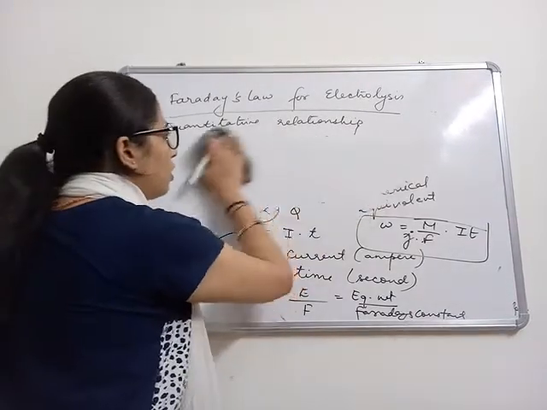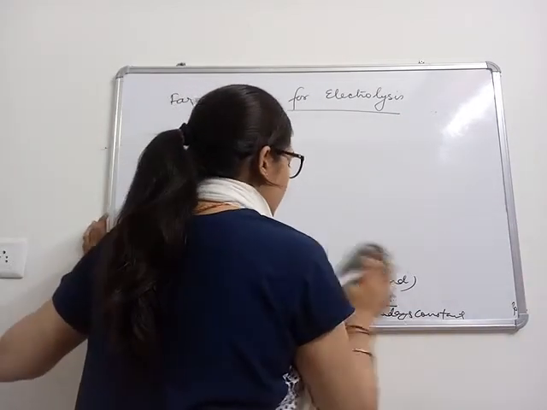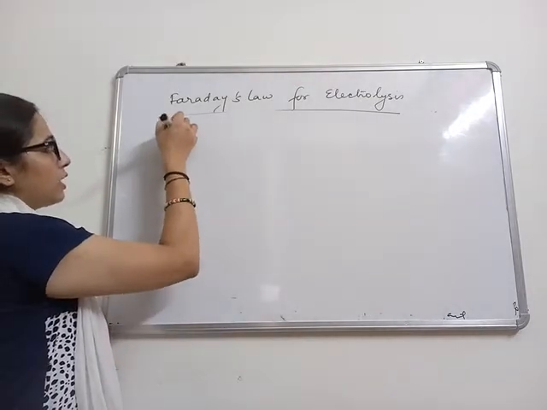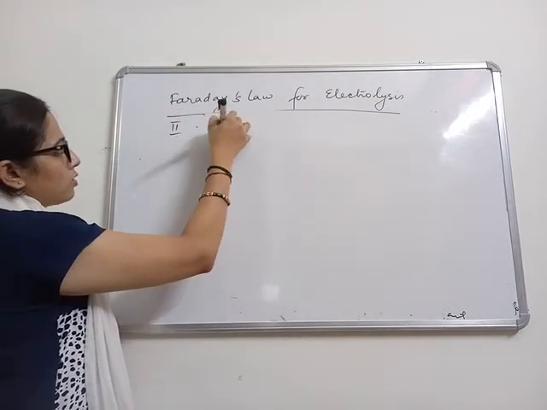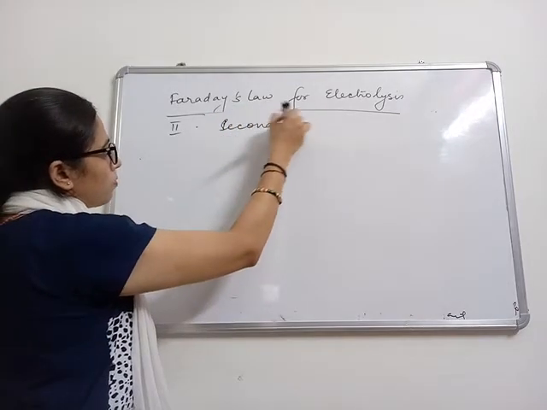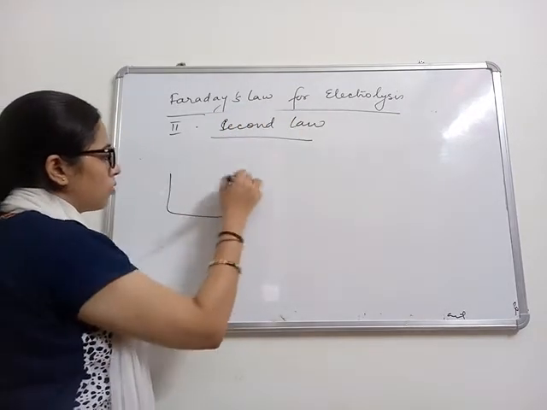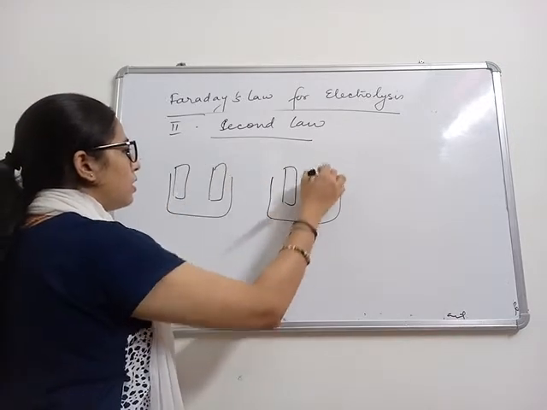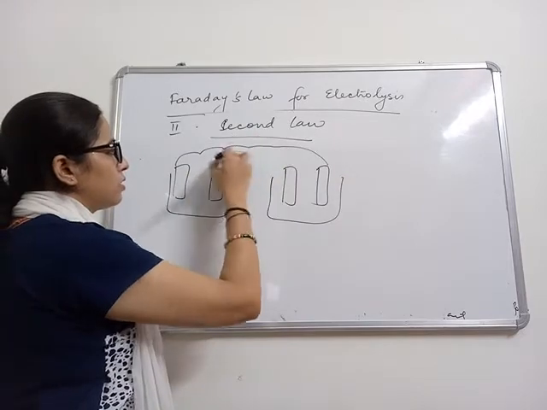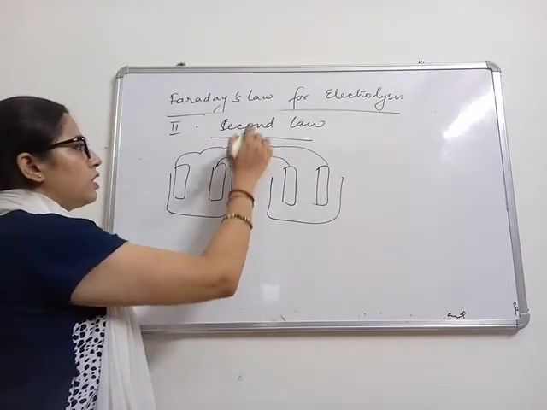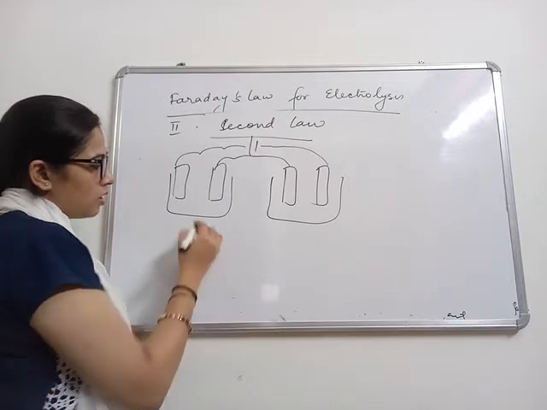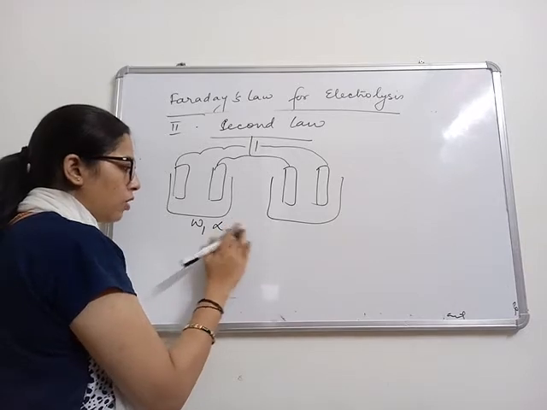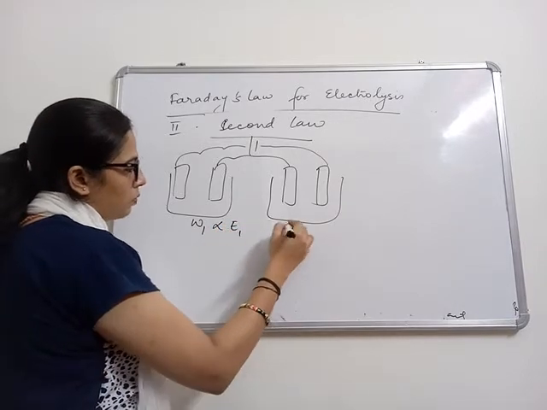Now the second law, which was given by Faraday, is basically when you have two or more electrolytic cells. This is the second law. So when you have two electrolytic cells and the two electrolytic cells are connected in series, okay, and to the external source, what will happen is the amount of substance deposited is directly proportional to the quantity of electricity, or you can say it is proportional to the electrochemical weight.